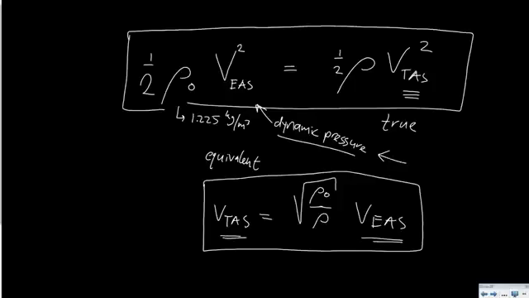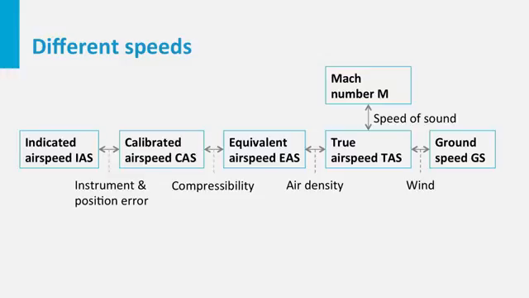It determines the performance, and that's why by default performance specifications, but also cockpit instruments, always talk about the equivalent airspeed. Well, not fully the equivalent airspeed, but something very close to it. Because if we look at the speed, we have the equivalent airspeed, but there are more effects.